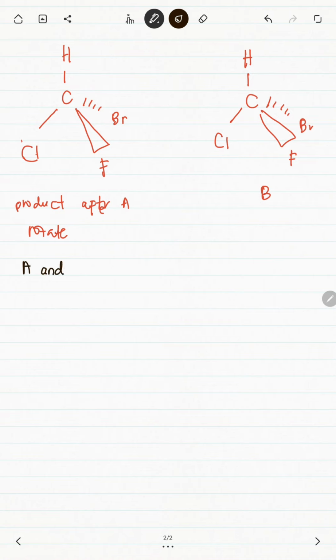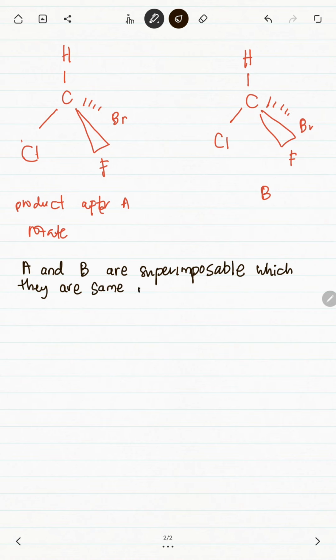A and B are not mirror images, so no reflection occurs. They are not enantiomers. Or we can also state they are superimposable, which means they are the same molecule.